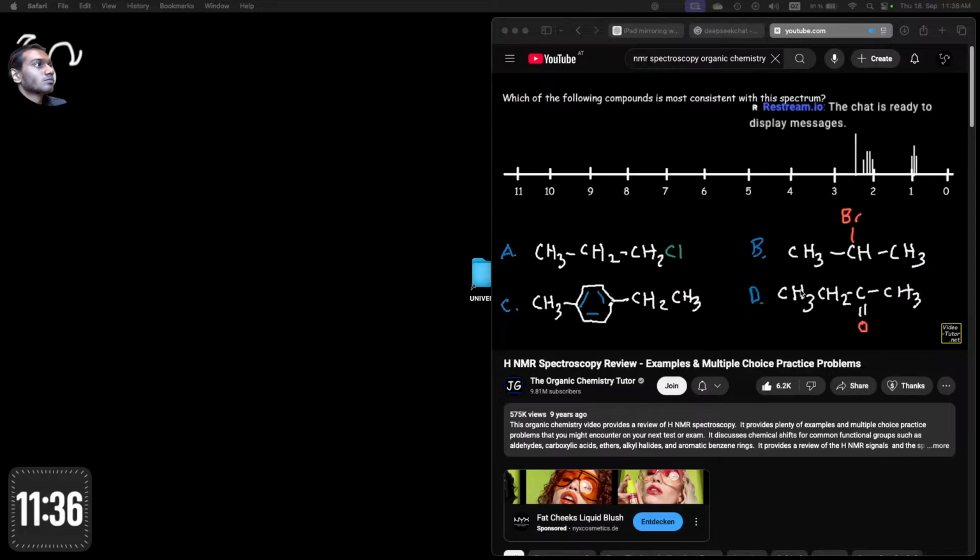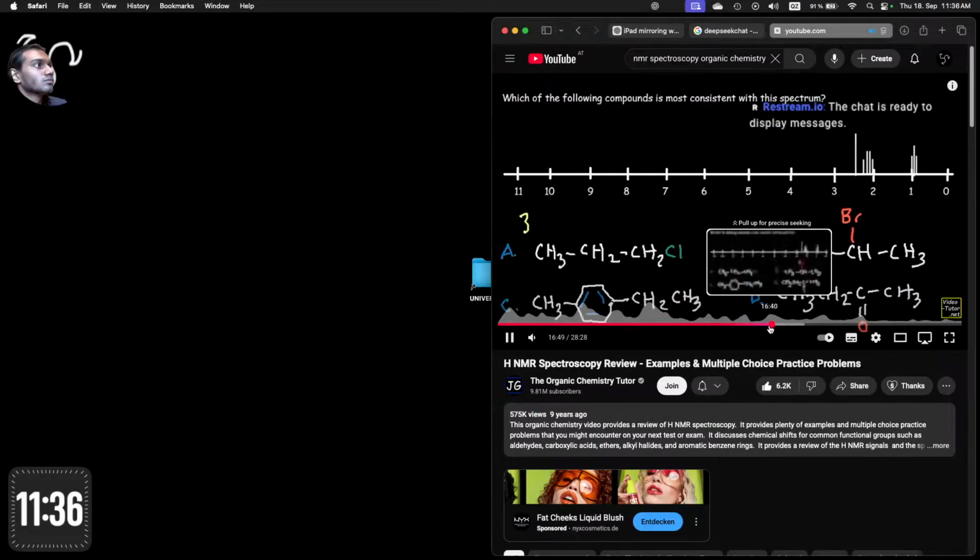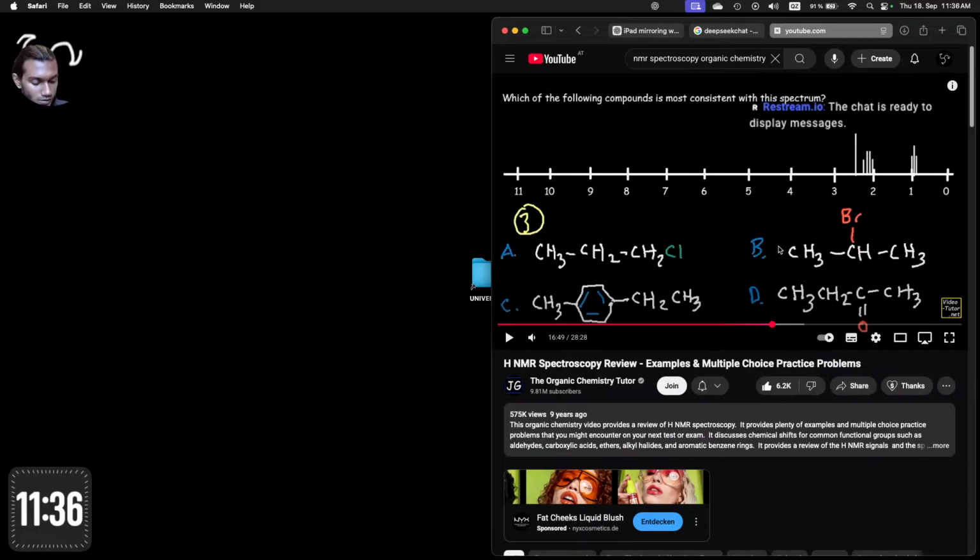In compound A, we can see that there's three signals. There's three different hydrogens.